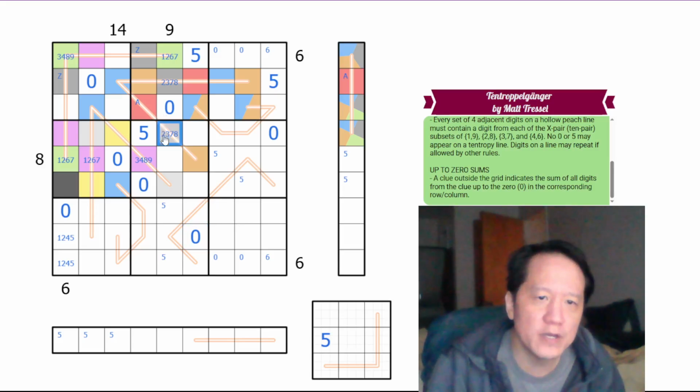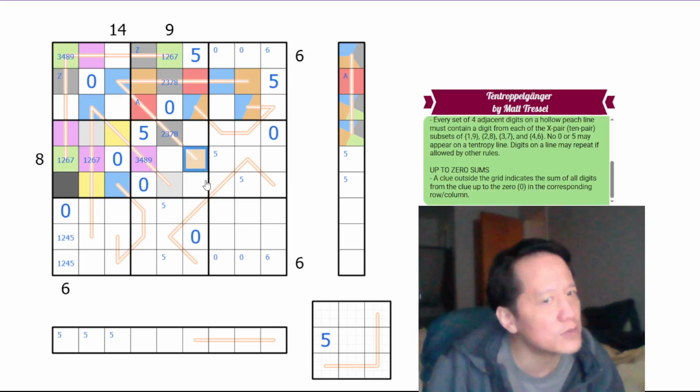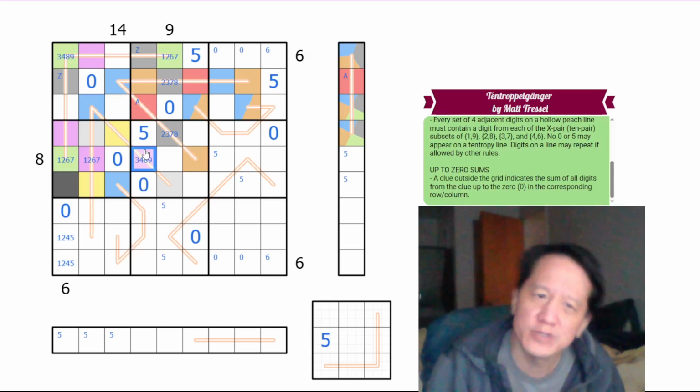We know pink is different from gray, medium. It's also different from light. It could be the same as orange. No, it can't. It could be the same as orange.